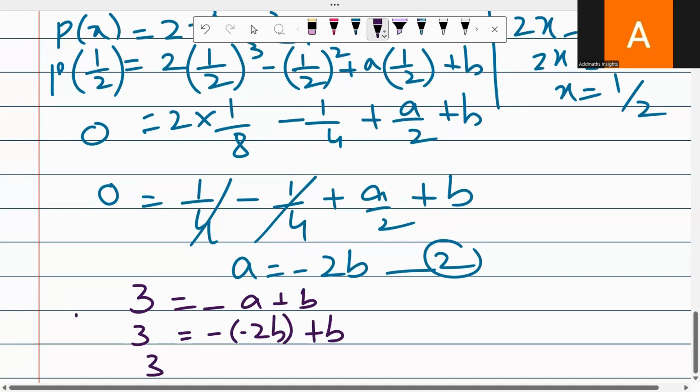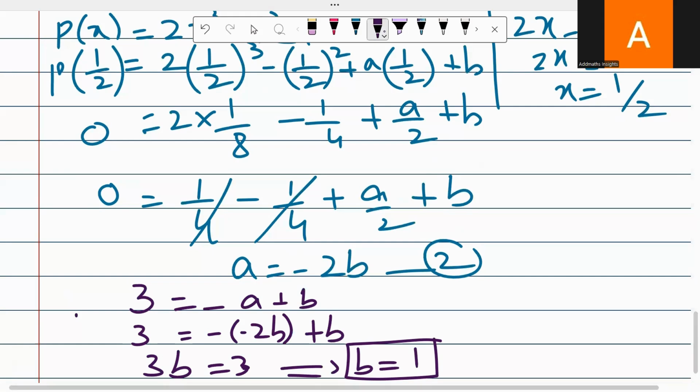So it will be 3b is 3, which means that b is 1. Now when you substitute this value in equation number 2, then you get a is equal to minus 2. So this is how you can find the values of a and b by knowing the factor theorem.